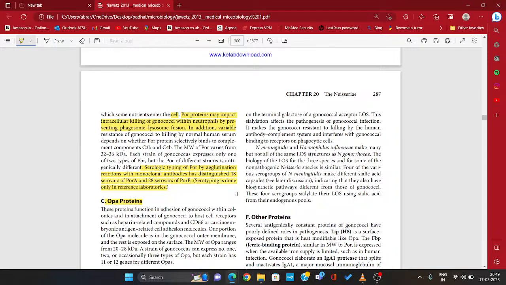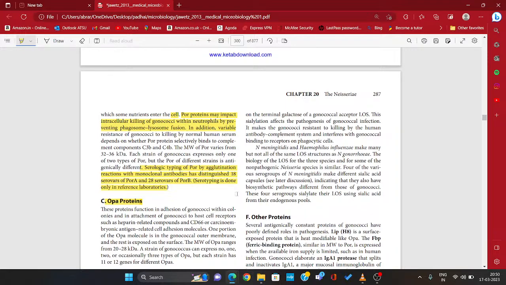Neisseria meningitidis and Haemophilus influenzae make many but not all of the same LOS structures as Neisseria gonorrhoeae. So the biology of LOS for the three species and for some of the non-pathogenic Neisseria species is similar.